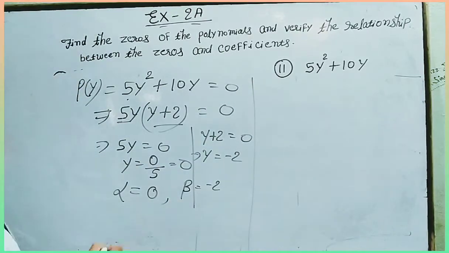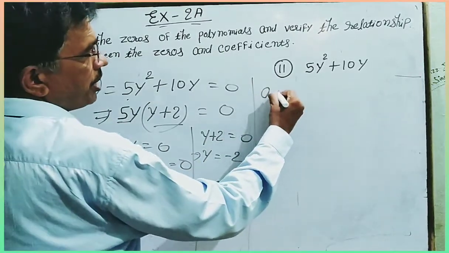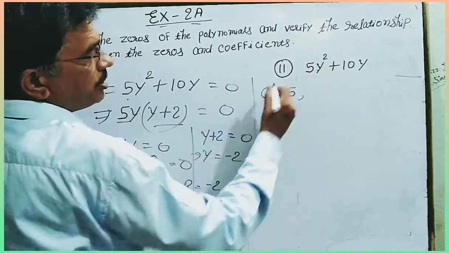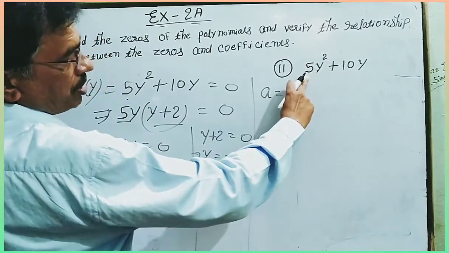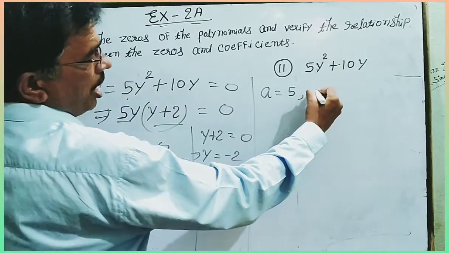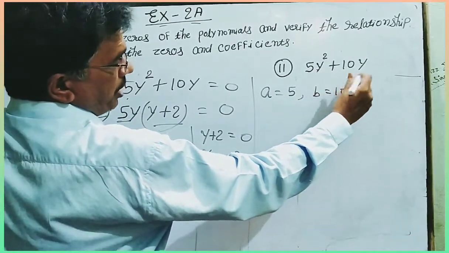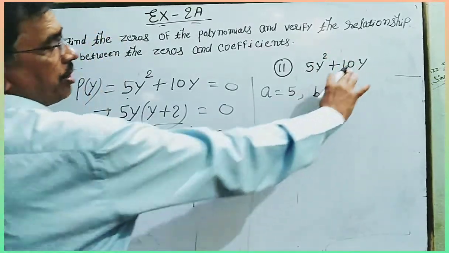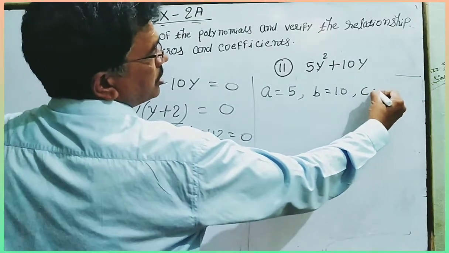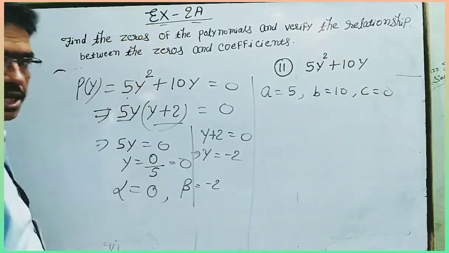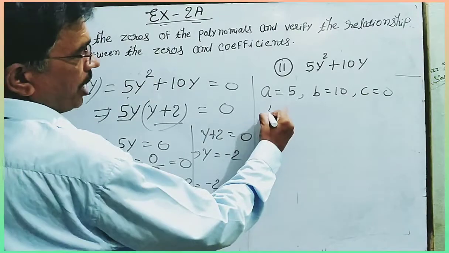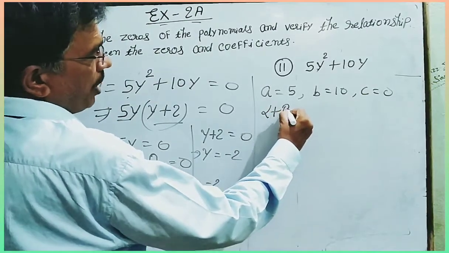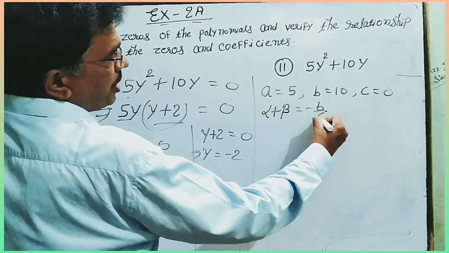Now what is the relationship there? a is 5 because it is y square, the coefficient of the square is a, and b is equal to 10, the coefficient of y is 10. But the constant term is not given here, so c is equal to 0. So now find the relationship, that is alpha plus beta is minus b by a.